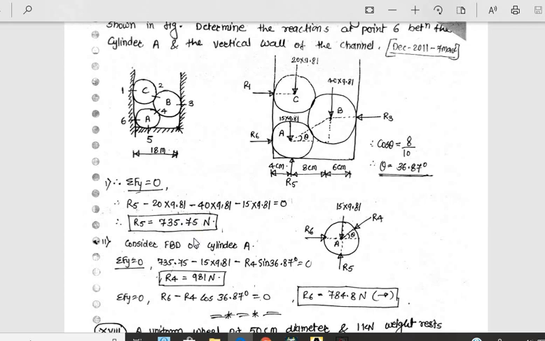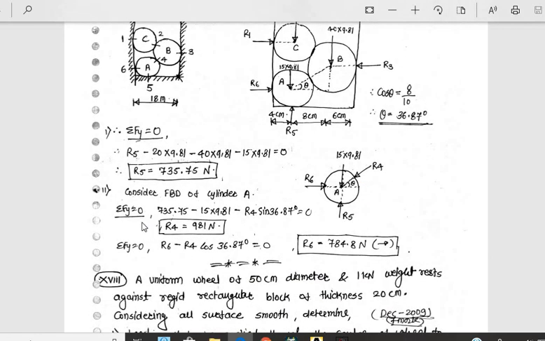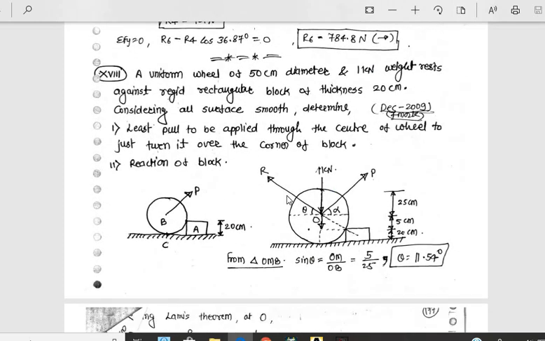Now consider cylinder A. Where is cylinder A? This one. And resolve that. Summation Fx is equal to 0, you will get R4 is equal to 91, and summation Fy is equal to 0, you will get R6 is equal to 784.8 Newton. Okay, so this way you have to solve the problem.